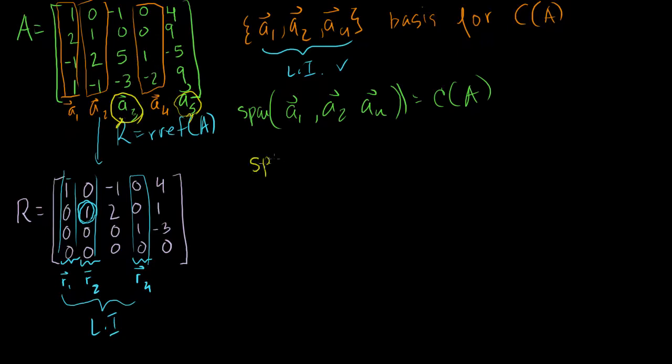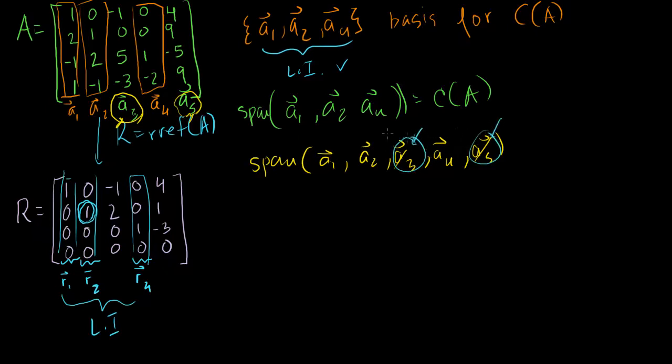Then the span of A1, A2, A3, A4, and A5 doesn't need the A3 and the A5 terms. We can just reduce it to this, because these guys can be represented as linear combinations of the other 3.